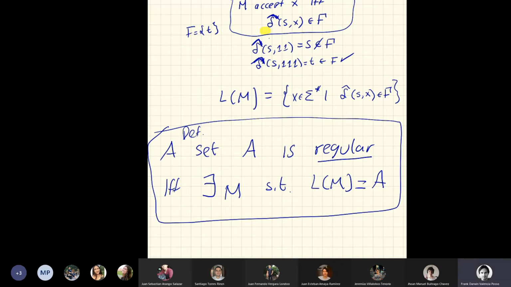Okay, Juan Sebastián. Sí, profe. Pues yo iría porque da el mismo resultado, o sea, queda en el mismo estado, entonces podríamos decir que es regular, tal vez.